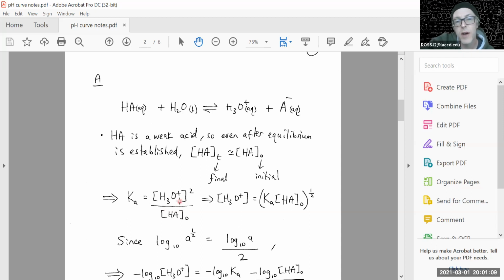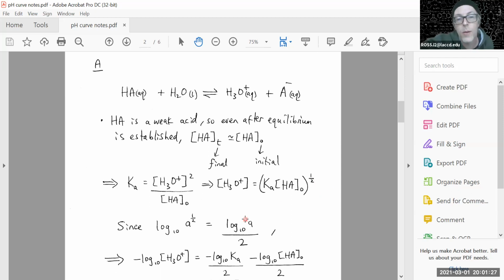If we now solve for hydronium, we effectively multiply both sides by HA at time 0, and then we square root both sides to get just one hydronium rather than hydronium squared. So we have this square root here.